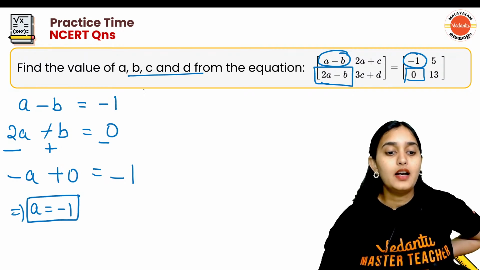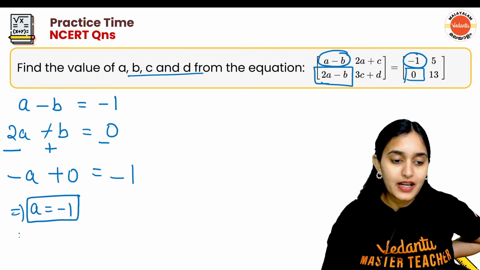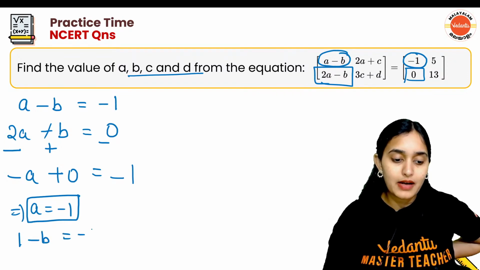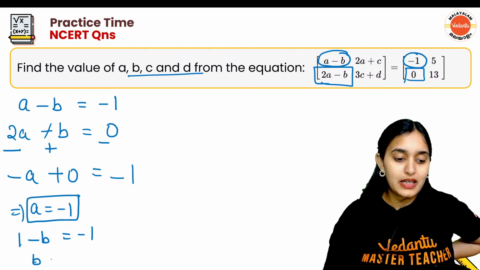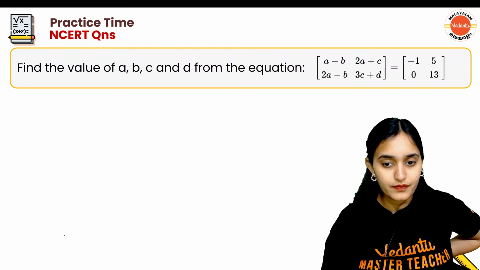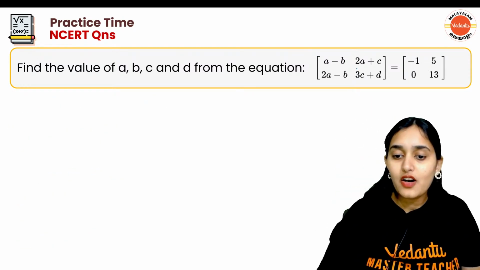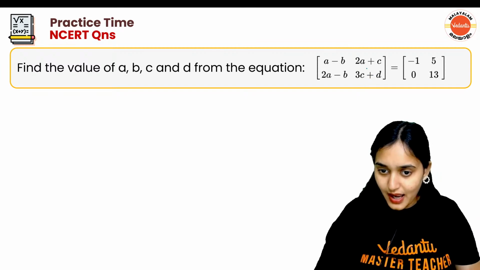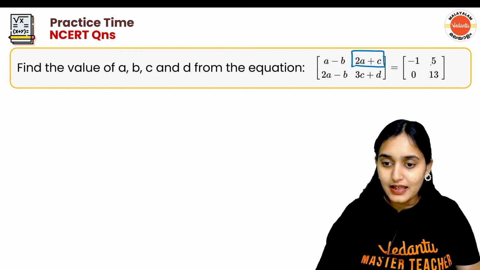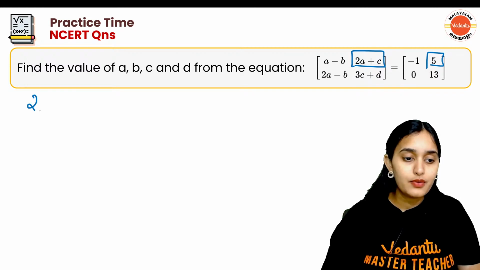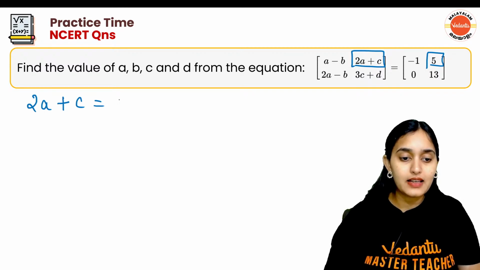Okay. Now if A is minus 1, then minus 1 minus B is minus 1. So 1 plus 1 is equal to B, B is equal to 2. So we have got B is equal to 2. Next, to find out C and D, we have 2A plus C is 5.